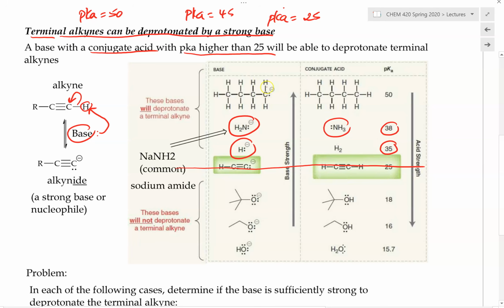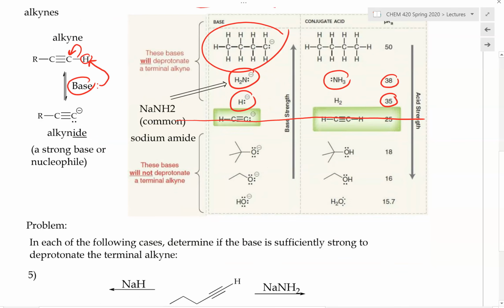We can also consider an alkoxide, but the alkoxide would not be basic enough to deprotonate an alkyne, because its conjugate acid is only about 16 to 18. So please remember that in order to deprotonate the alkyne hydrogen, we need something with a conjugate acid with a pKa of 25 or greater. These are the two very common examples, with sodium amide being the most common one.